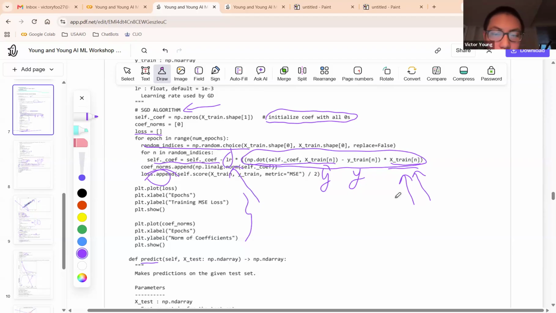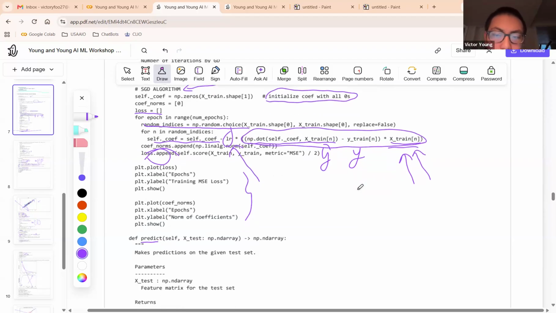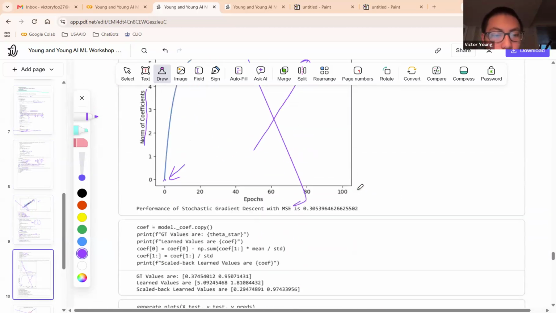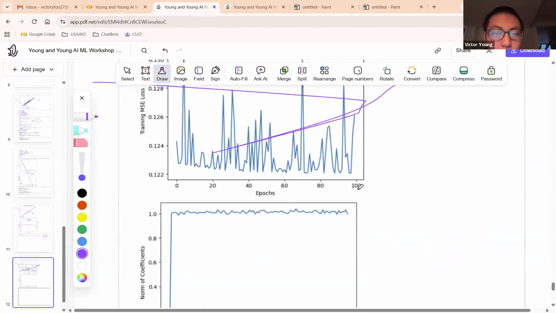So I must decrease the learning rate. When I do normalize it, the x train is quite small and the learning rate is very optimal for it. So hopefully you understand why this happens.